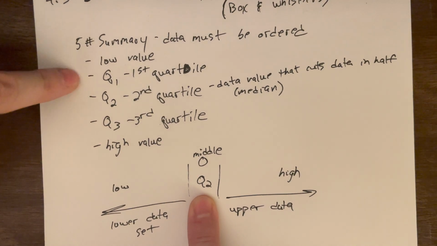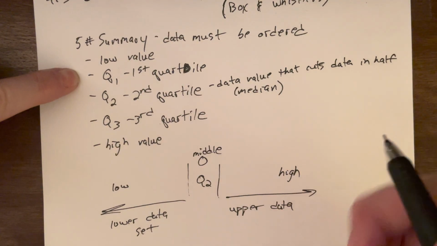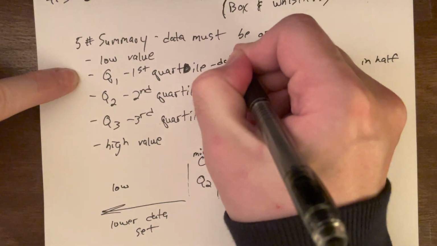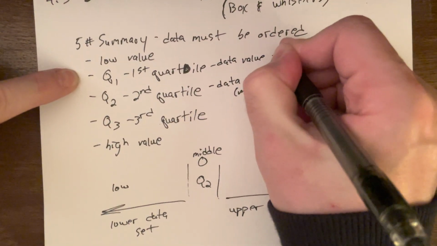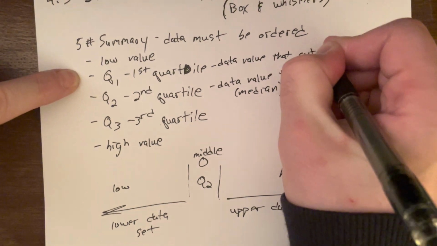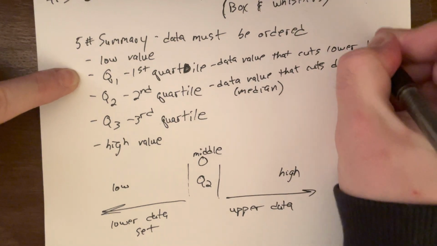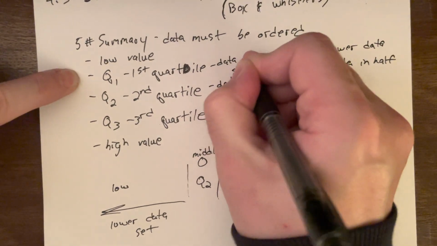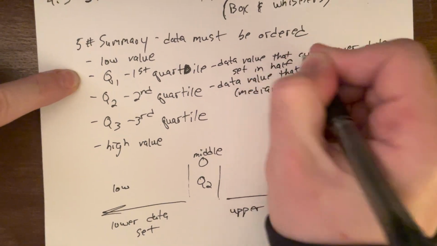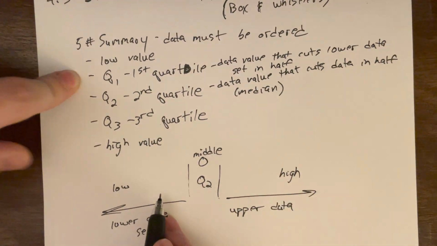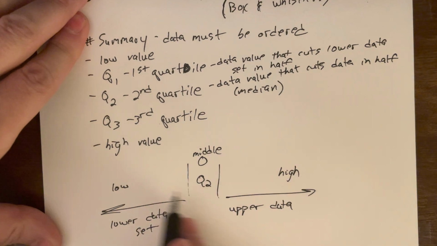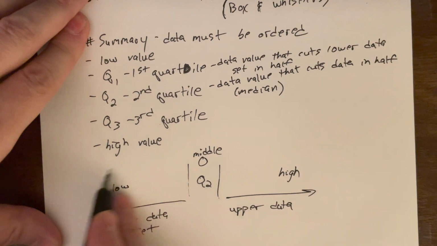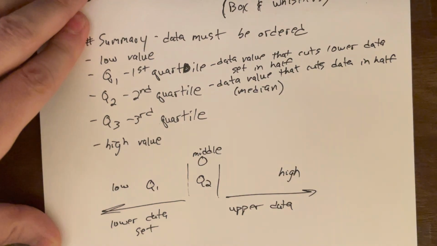And now, Q1, the first quartile, is the data value that cuts the lower set in half. In essence, it's the median, but not the median of everything, just the median of the lower data set.